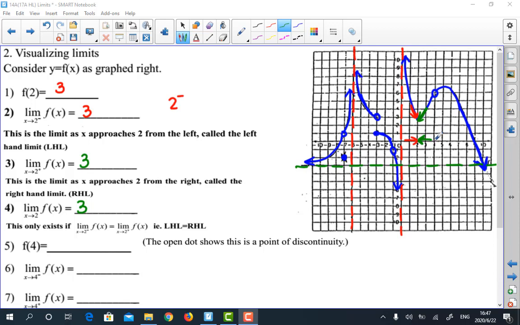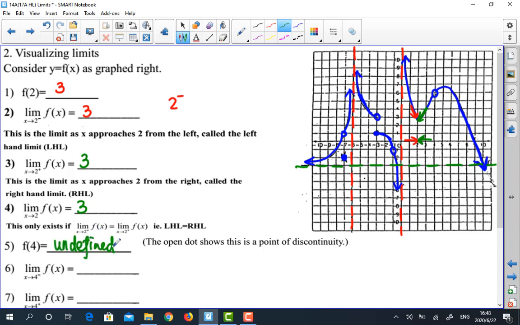We need to find the y value when x equals 4. So at x equals 4, the corresponding y value shows a hole. This hole means this is a point of discontinuity. So the graph discontinues here with this open circle, open dot. So f of 4 is undefined.